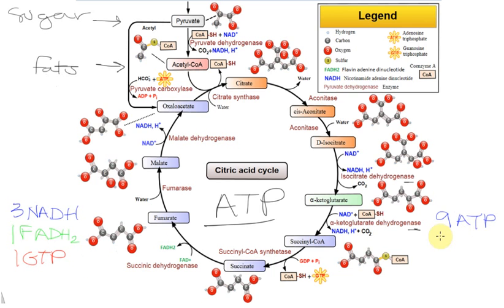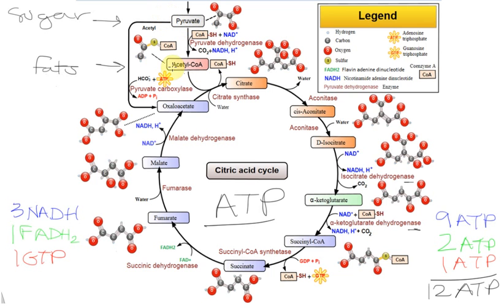FADH2 can make 2 ATP, and the 1 GTP is easily converted to ATP, which gives us a total of 12 ATP per cycle.